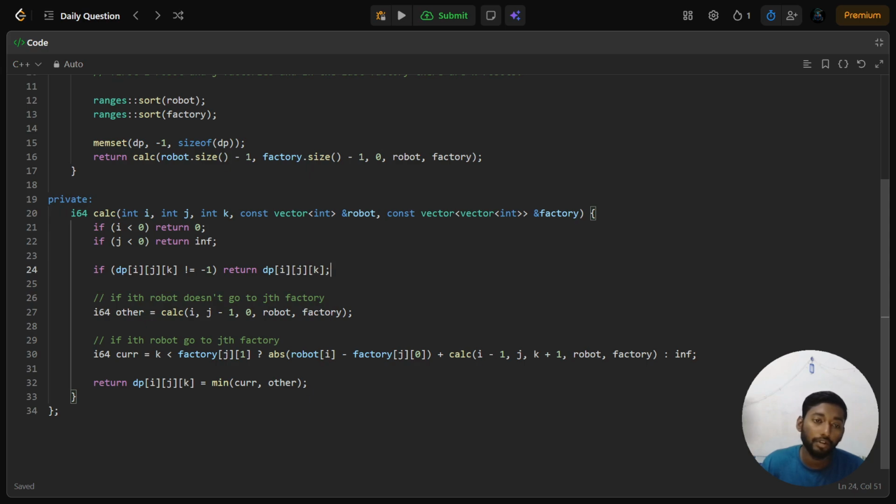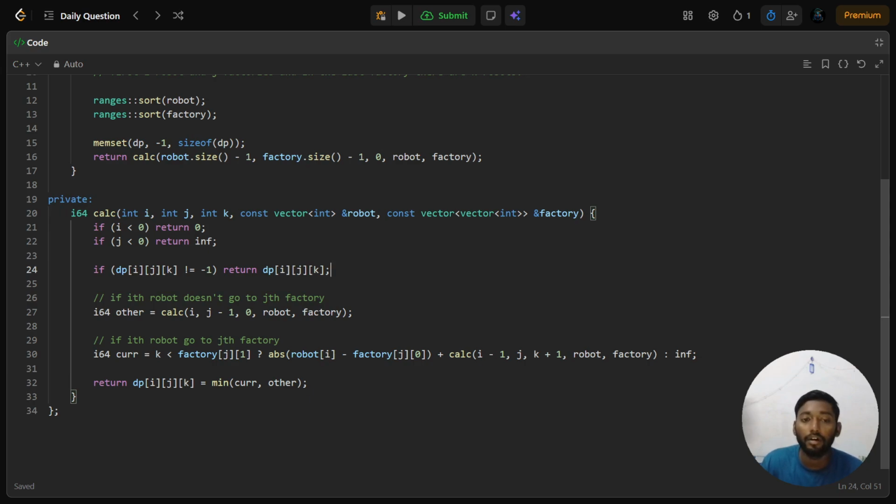And if the ith robot goes to the jth factory, then we have to check whether we can send it to the jth factory or not. For that we check if k, the number of robots already there, is less than the limit, then we can send another robot.